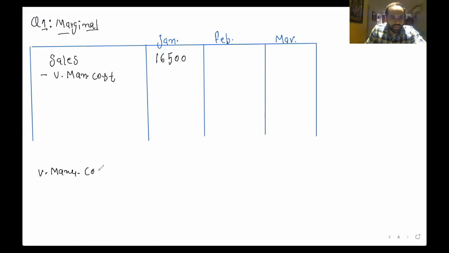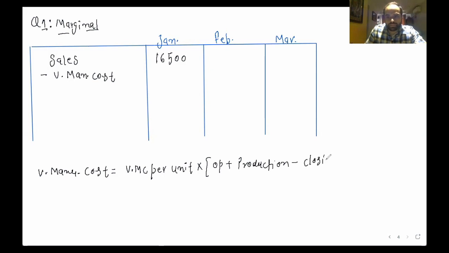In this we have the variable manufacturing cost per unit, multiplied by opening plus production less closing.